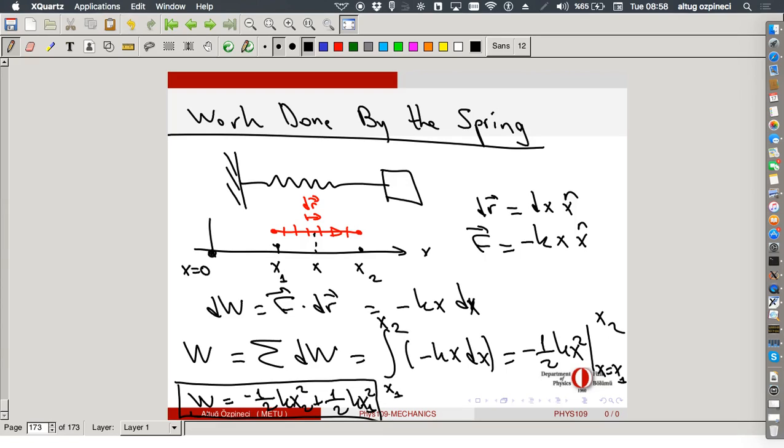This is the work done by a spring. And this integral is the reason why we have this 1 over 2 over here. I'm just calculating the work done as I move my mass from the point x1 to the point x2.